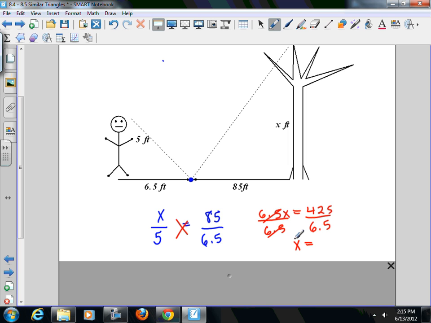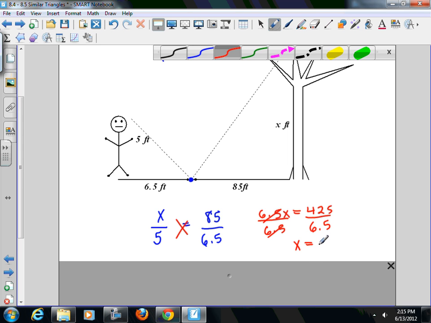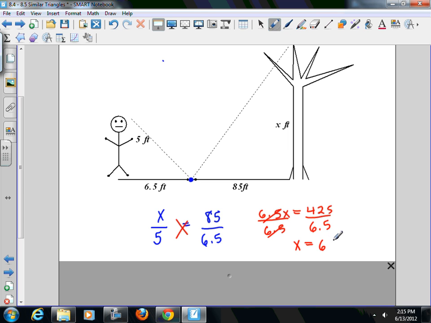So I have 42.5 divided by 6.5. I get that x is equal to, if we round it to the nearest tenth, 6.5 feet. So that is the height of your tree.